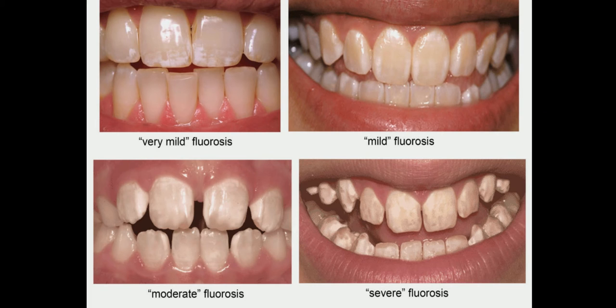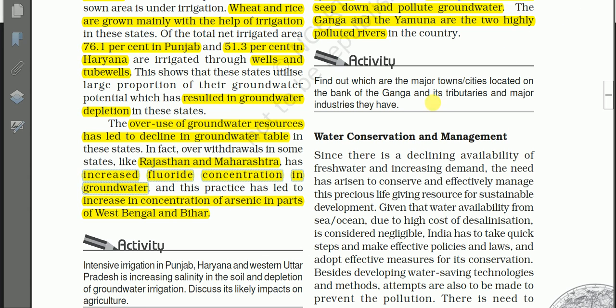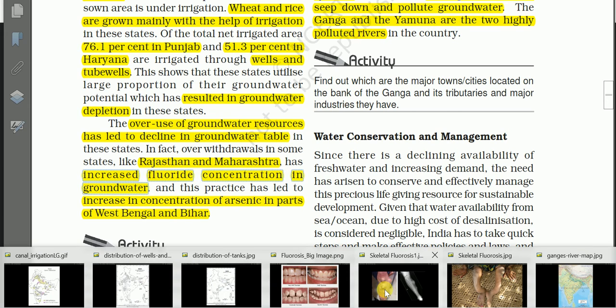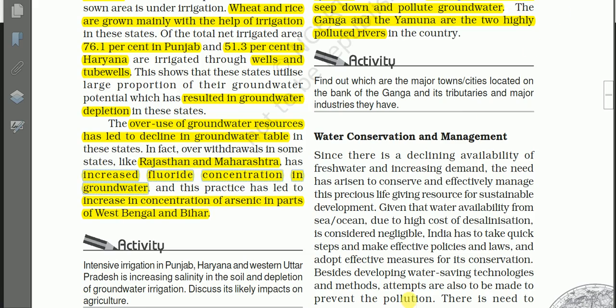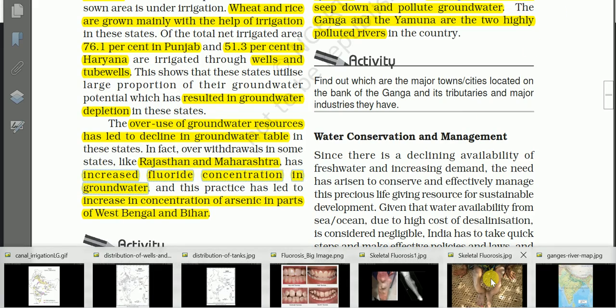And you must know that this fluoride also affects our skeletal system. So here we have this photograph of fluorosis affecting the bones. Just see here, the right side is the x-ray, left side the photograph. And here we have a photograph from Jharkhand also.